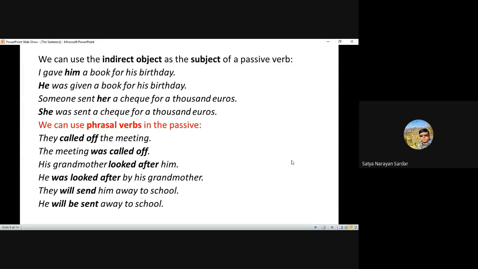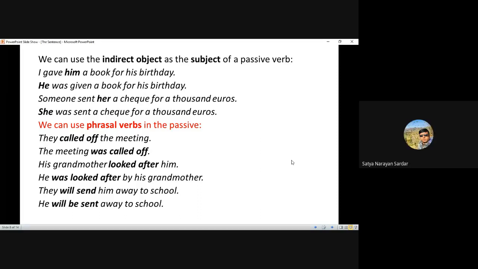Some of the examples. Yes, please. Is it also correct, like if the book was given to him for his birthday? Yes, a book was given, yes. I said two objects can have two answers. Which one is more correct?